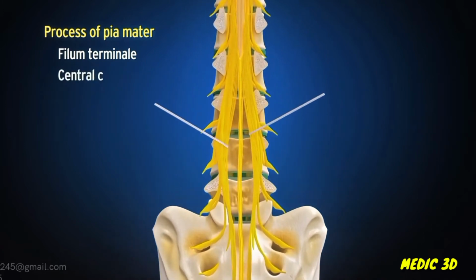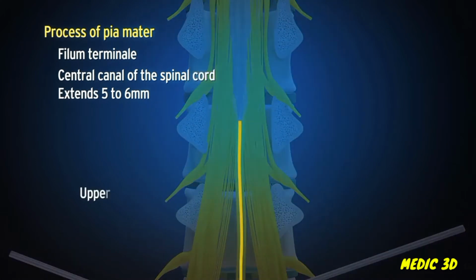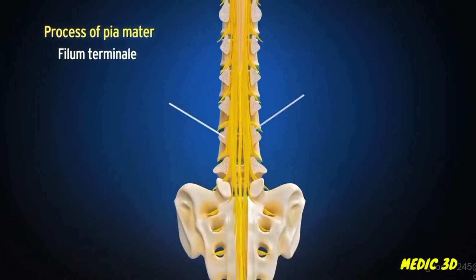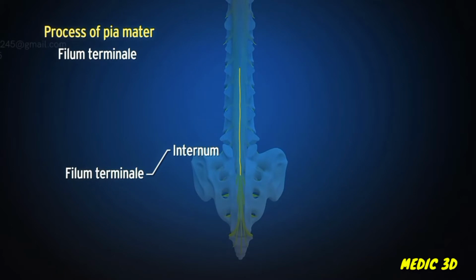The central canal of the spinal cord extends 5 to 6 millimeters in the upper part of the filum terminale. Filum terminale consists of two parts: filum terminale internum and filum terminale externum.